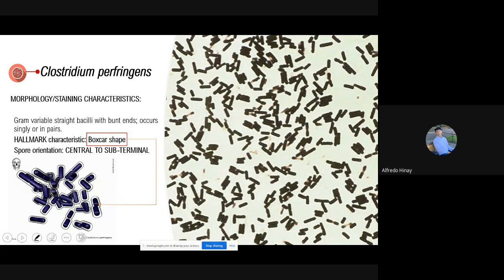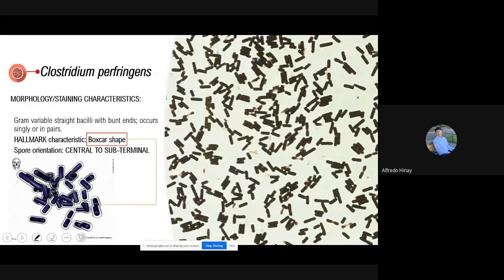With the staining characteristic naman class, they are boxcar shape naman. Di ba para siyang din, yung boxcar kasi at saka yung box kanina, whether Bacillus anthracis, almost the same. Pero the problem with your Bacillus anthracis class is that they are aerobic. Your Clostridium perfringens, they cannot survive in a presence of oxygen.